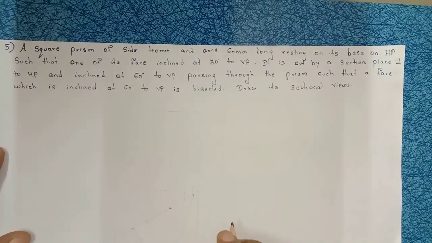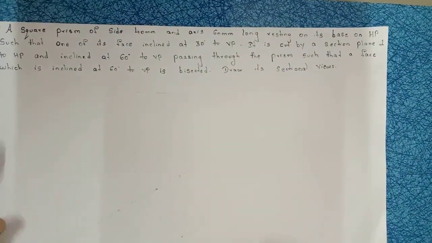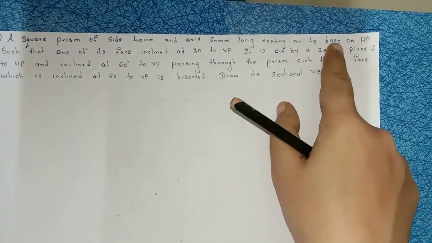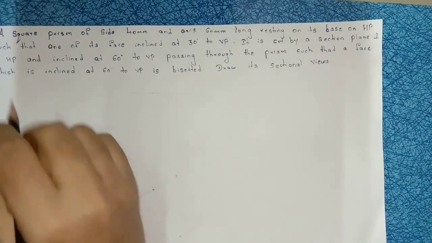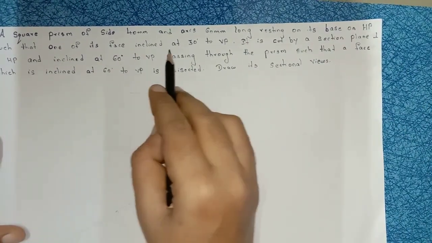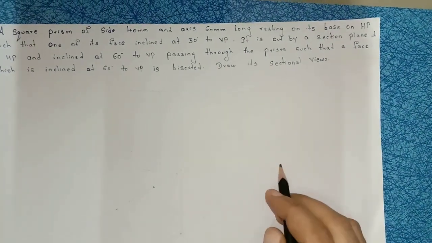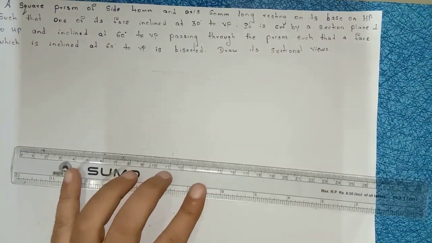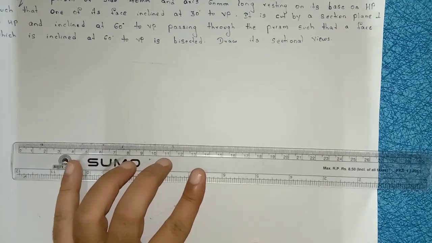Draw its sectional views. Right, so it is very clear that you are going to construct the square prism on HP. The condition is base. They mentioned another condition: one of its faces is inclined at 30 degrees to VP. So you are going to construct a square which is inclined at 30 degrees to VP.